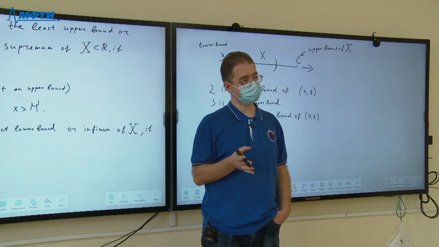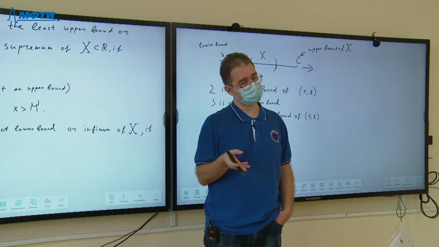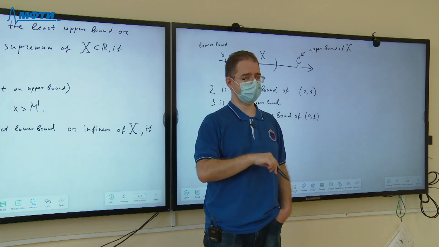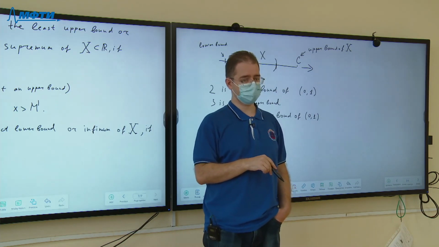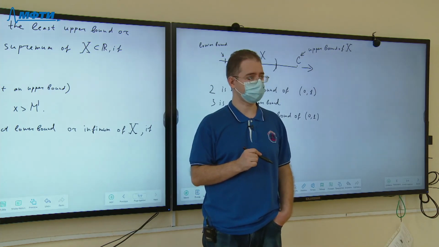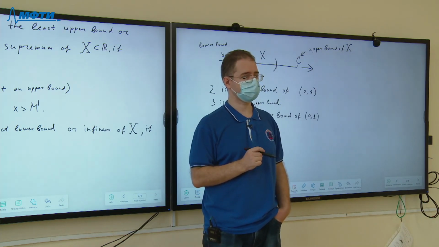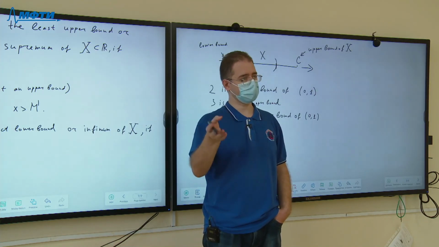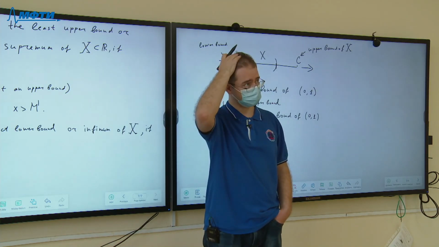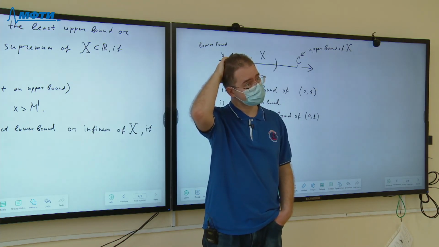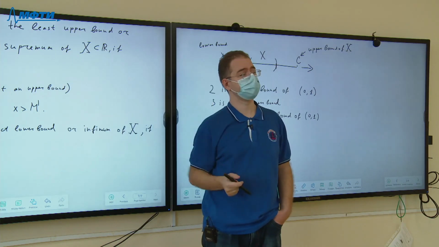The theorem basically states that any set has a unique exact upper bound, but I'm definitely out of time for the proof, so I'm going to formulate and then prove this theorem on the next lecture. Guys, questions?